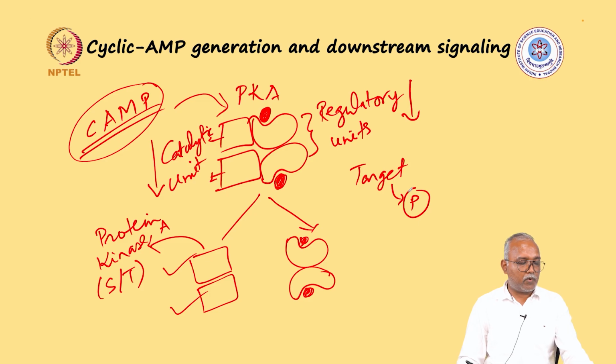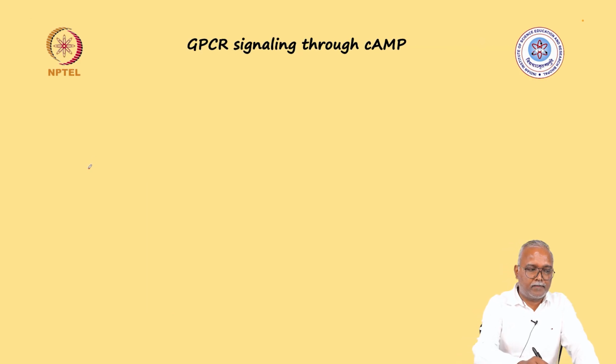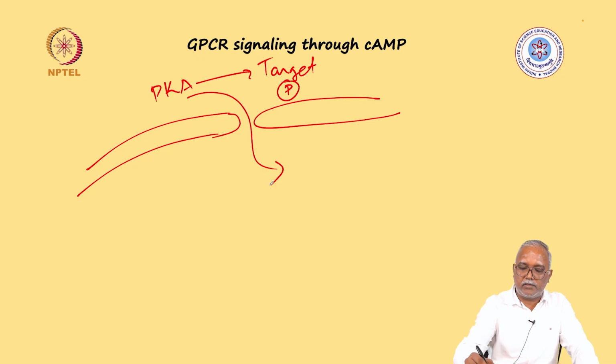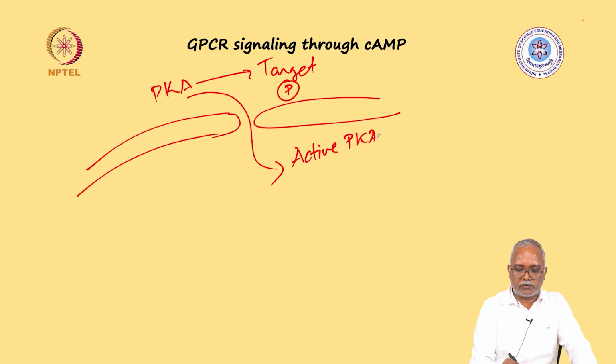And one of those target proteins can travel inside the nucleus, where it will bind. So this pKa molecule, in addition to phosphorylating targets, can travel inside the nucleus also, and this active pKa will phosphorylate molecules which are present over there.